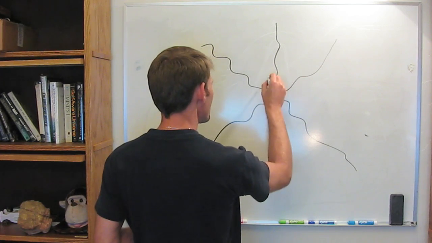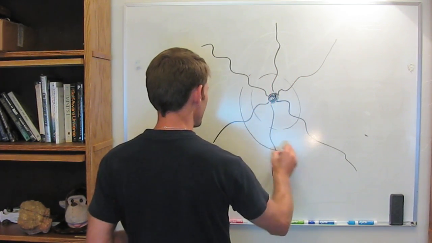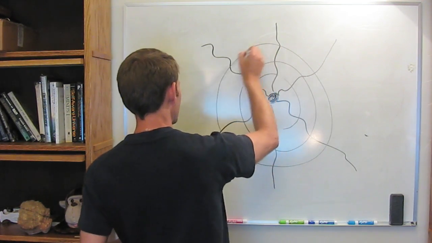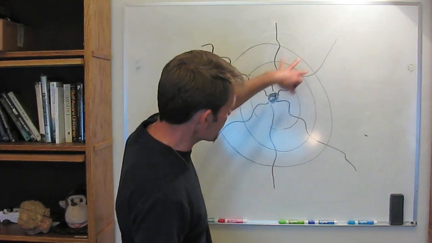And that wave, theoretically, would travel out in all directions. If this is a standard type of space, it would travel out like this. And so the seventh movement is this other sort of movement.